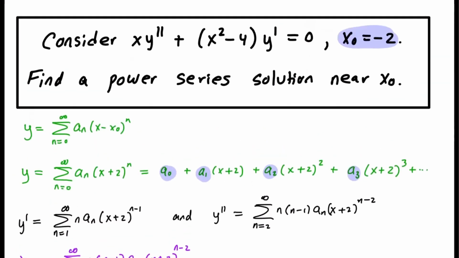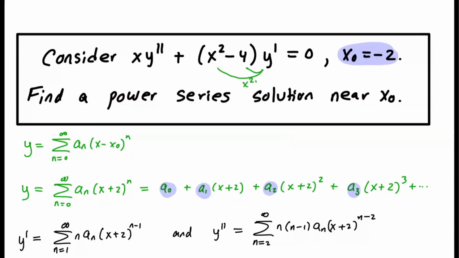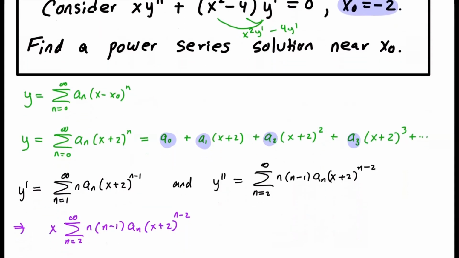Now for the second term, just to save some time, or at least not to get things a little crazy, I'm going to distribute this term out. So we can write this as x squared y prime minus 4y prime. That's what I'm going to plug in right now. So we'll have plus x squared times y prime.